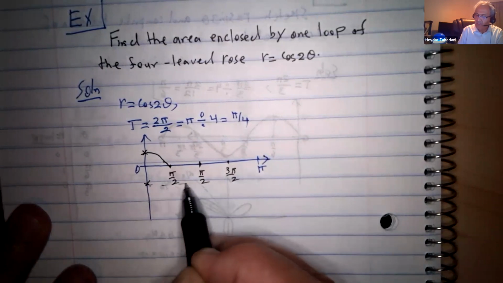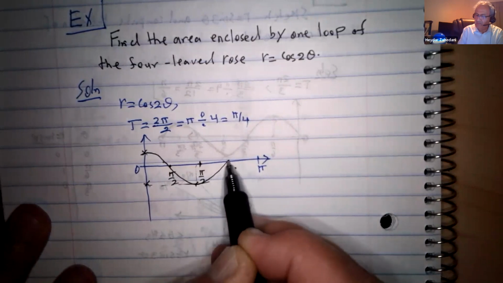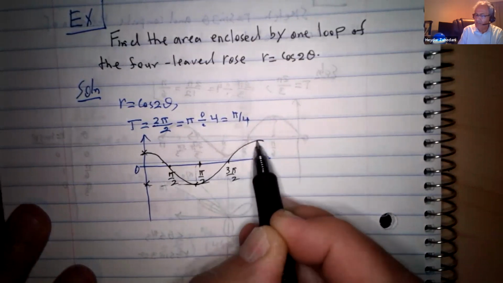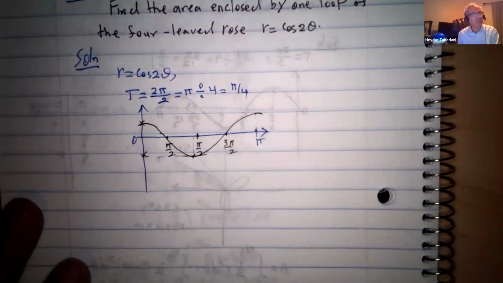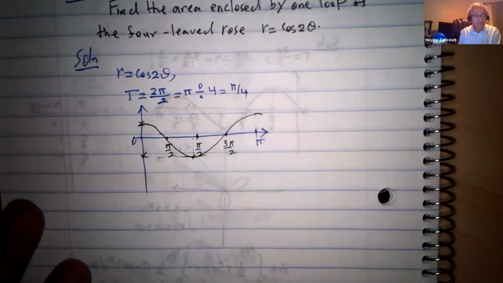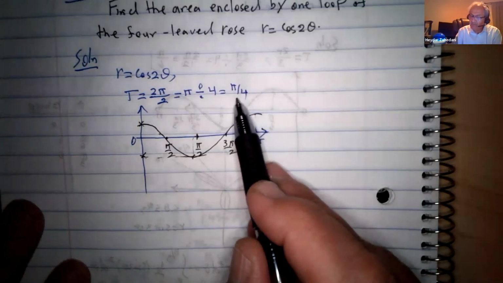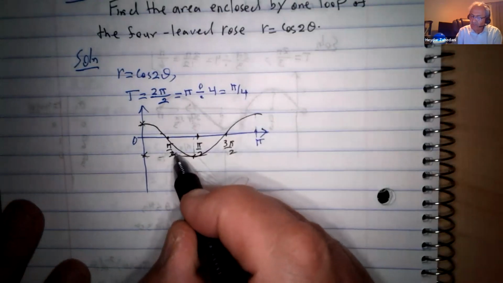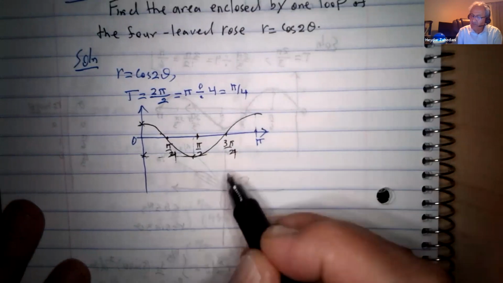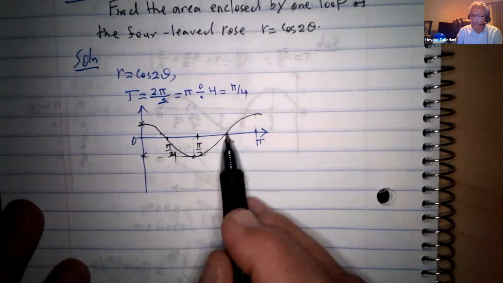You're coming down, you go to the minimum, you go to the intercept, and then you go to the maximum. So these are going to give you those petals you're interested in. Sorry, this is pi over 4, of course, and this is 3 pi over 4. This is 90 degrees, so that's 45, that's 135.